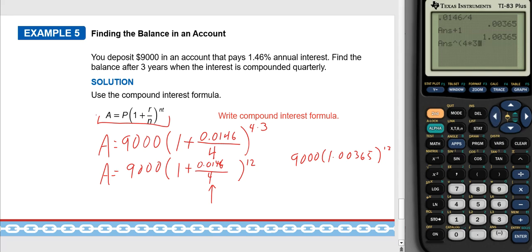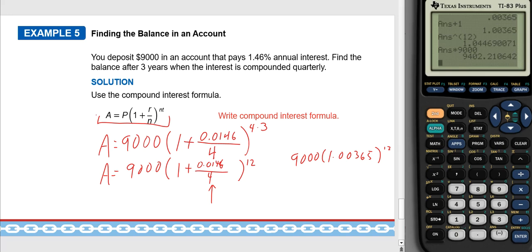You're going to do a homework problem, I think, where it's compounded daily, so you're going to have a bigger number there at 365 times how many years, right? But we could do the 4 times 3, and we make that a 12. And then that is what is in the parentheses, and then we're going to multiply that by 9,000.